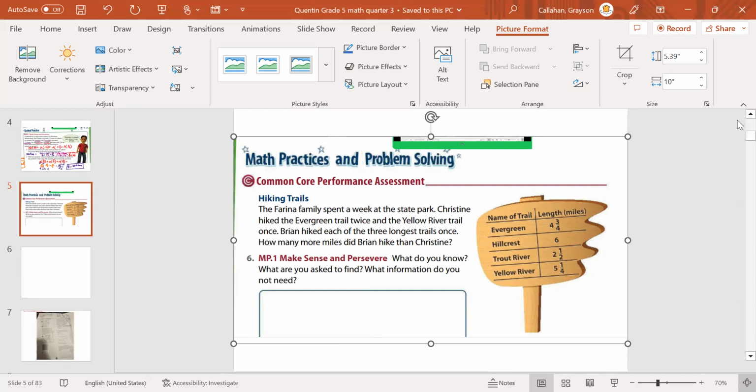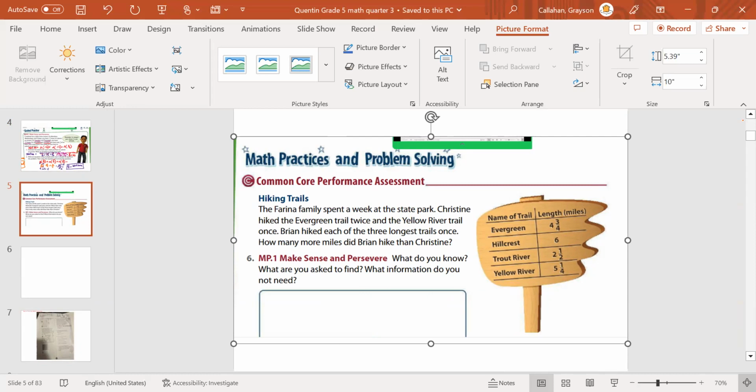Christine hiked the Evergreen Trail twice and Yellow River Trail once. Brian hiked each of the 3 longest trails once. How many more miles did Brian hike than Christine? Who hiked more?